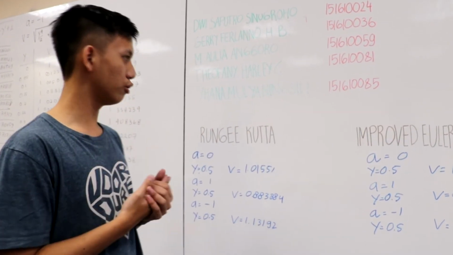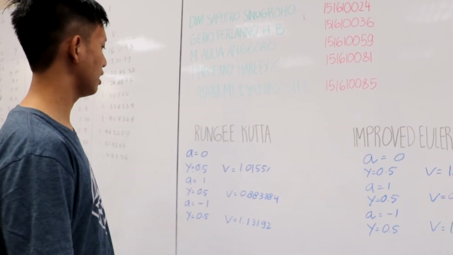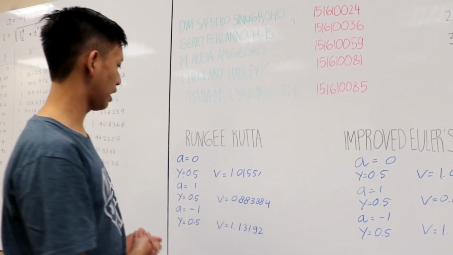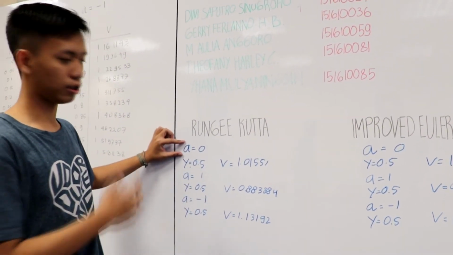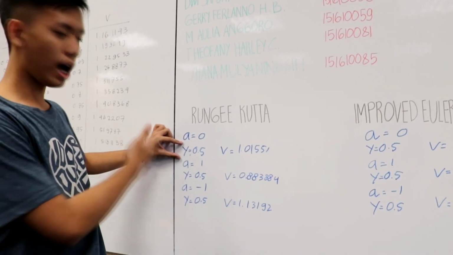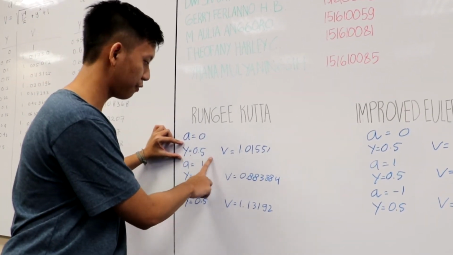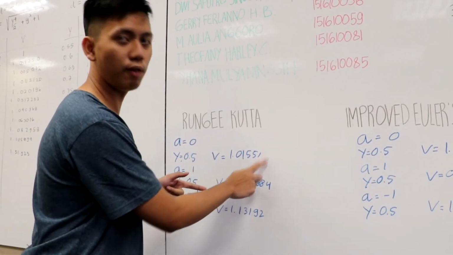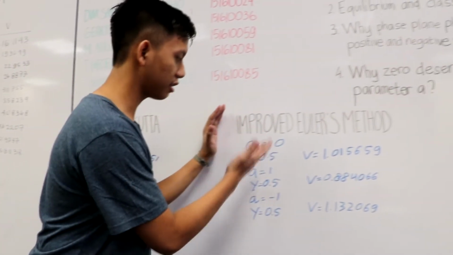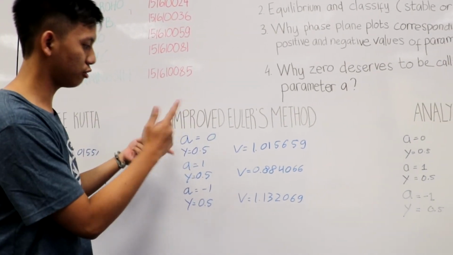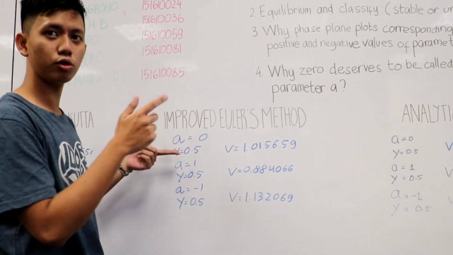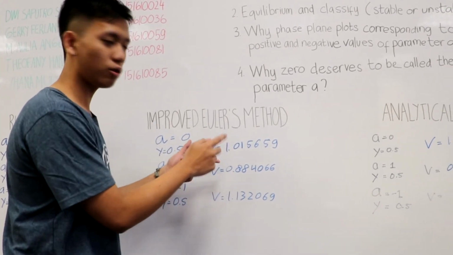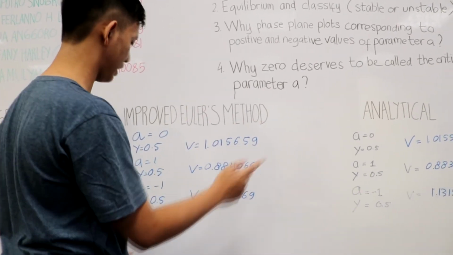So we can conclude for all these questions. First, we take one data from the Runge-Kutta. With A equal to 0 and Y equal to 0.5, phi will be 1.01551. And from the improved Euler method, with A equal to 0 and Y equal to 0.5, phi will be 1.015659.